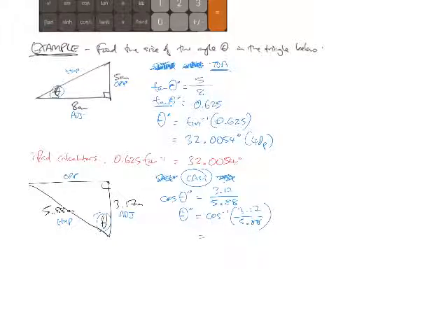And so theta comes to 57.3765 degrees to 4 decimal places. So that is another example, using a different ratio, of using the inverse ratios to find the unknown angles. Hopefully those two examples help you out, and I'll see you in the next video.